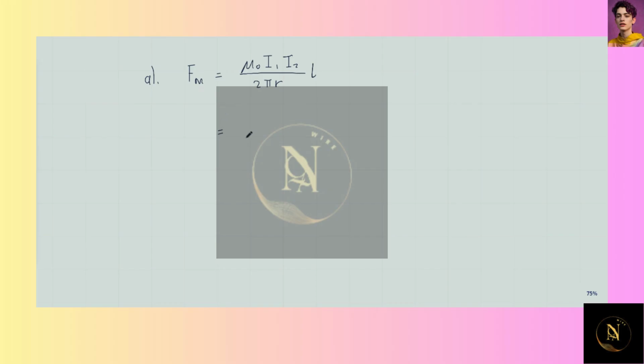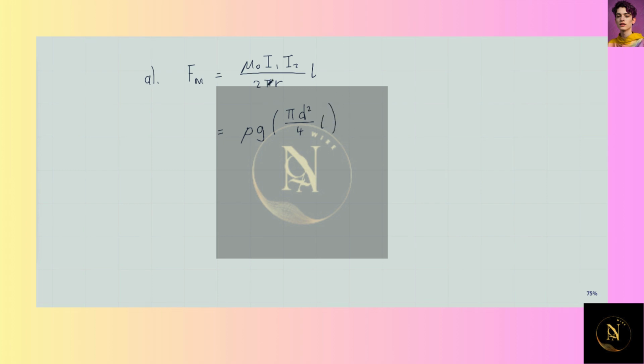So instead of writing mg, we can write this as rho g V, where rho is the density of copper, g the acceleration due to gravity, and V the volume of the wire. The volume of the wire is pi d squared over 4 times the length L, where d is the diameter.